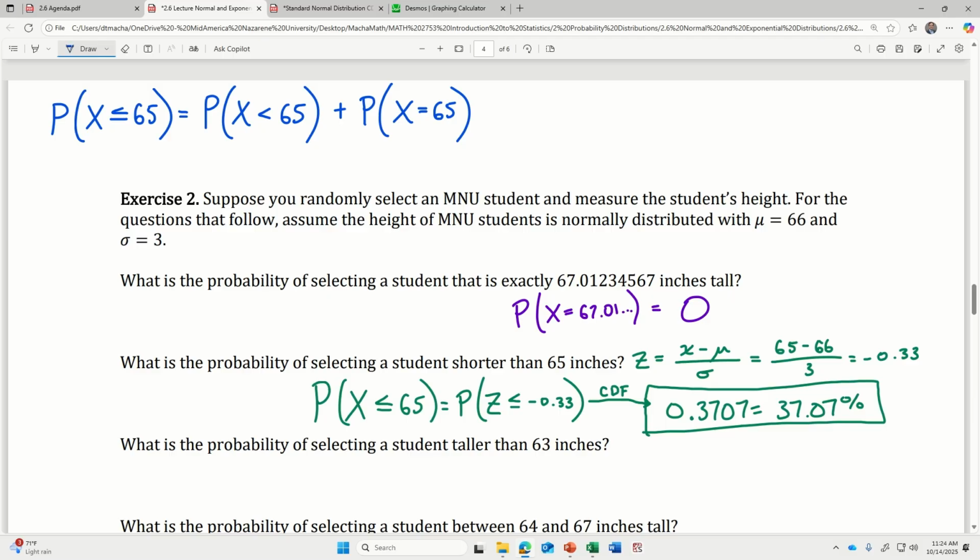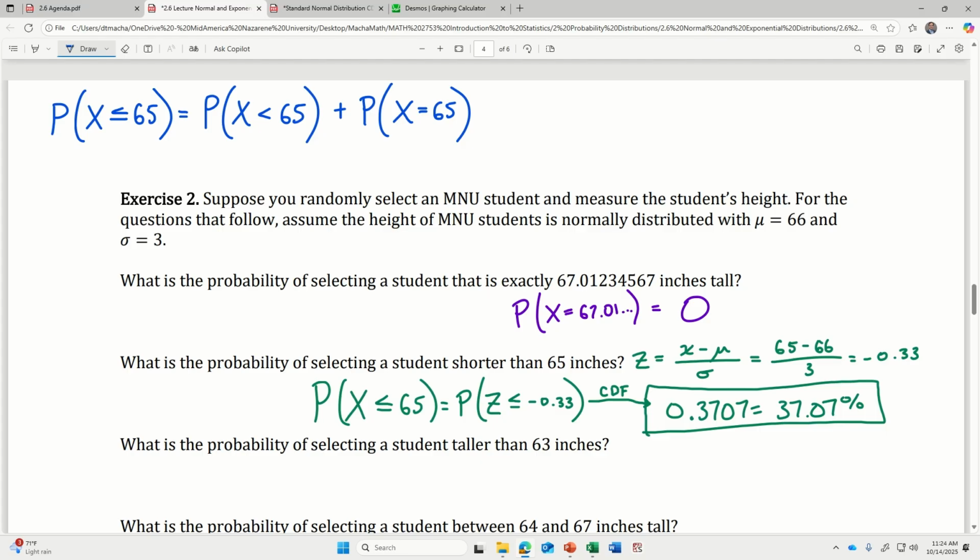Right? Because this symbol means less than or equal to. But how do you know it's equal to if it just says the student is shorter than 65 inches? Great question. So what is the probability that x is exactly 65? It'd be 0.